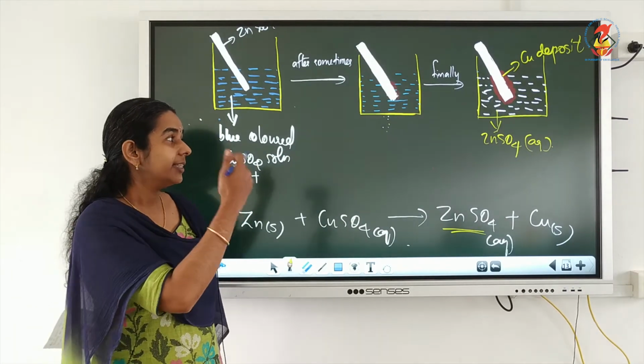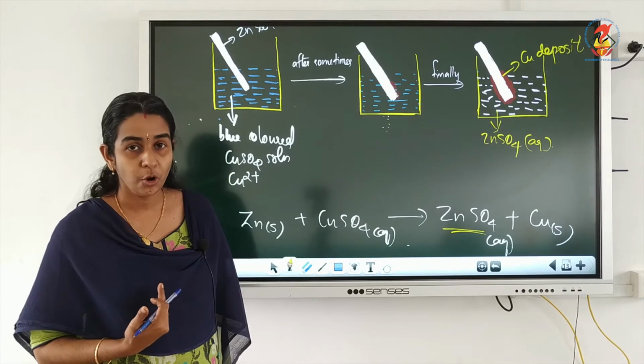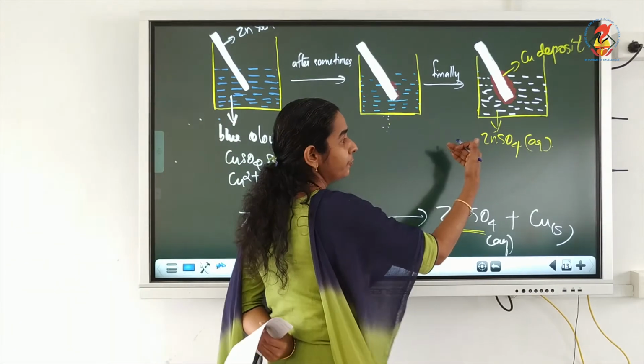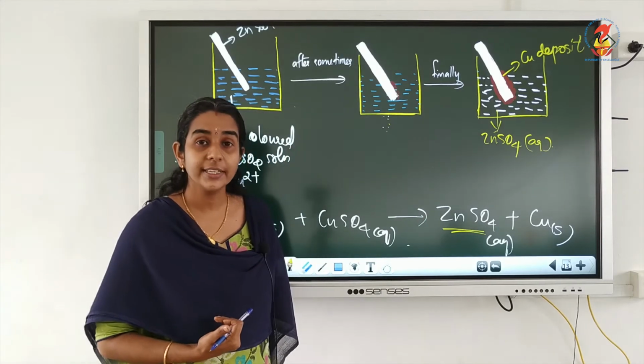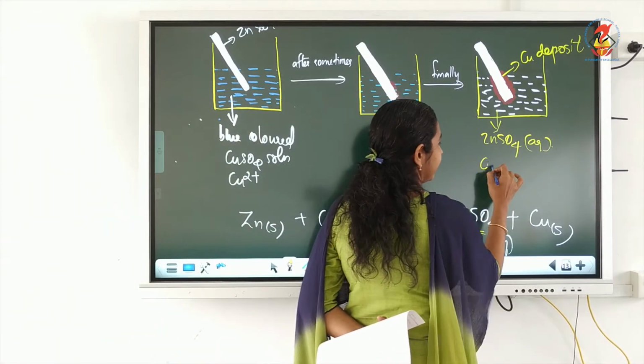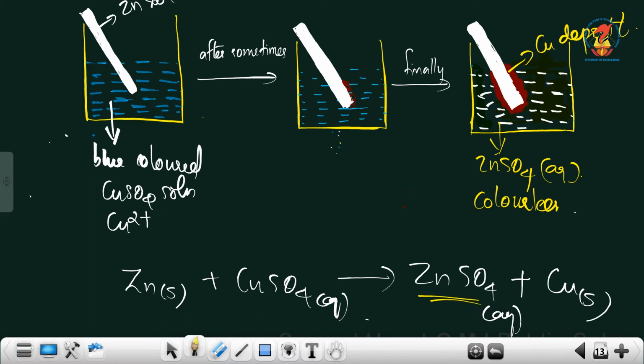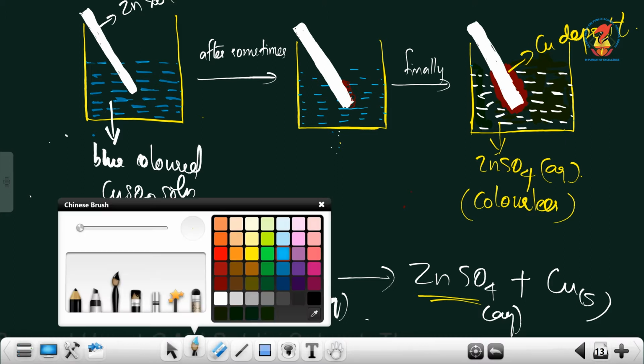Now, zinc displaced copper from copper sulphate, and the solution now became zinc sulphate, and it is colorless, due to the presence of Zn2+ ions present in the solution.